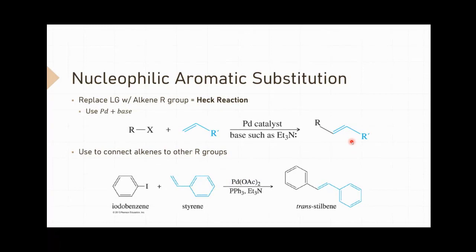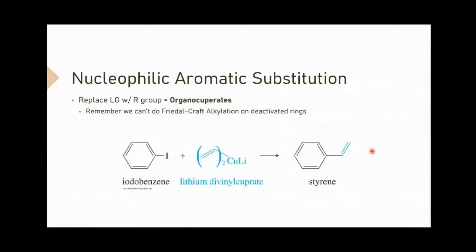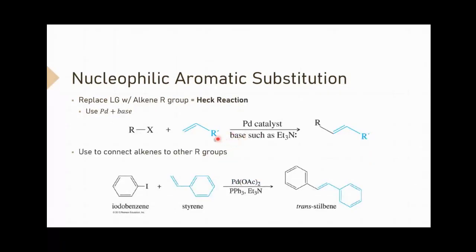The Heck reaction is kind of like organocuprates, but instead you are going to replace the leaving group with the alkene. So your alkene is going to connect to the ring, kind of like this. And you'd use palladium.